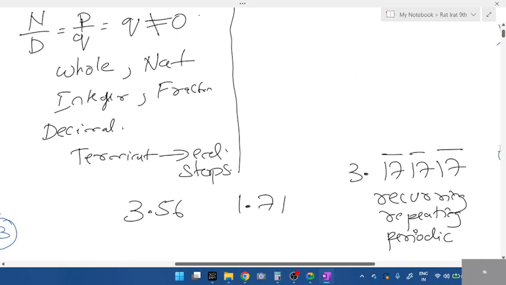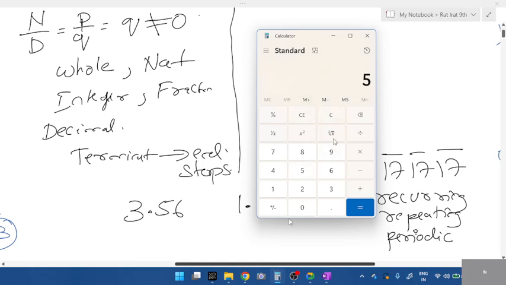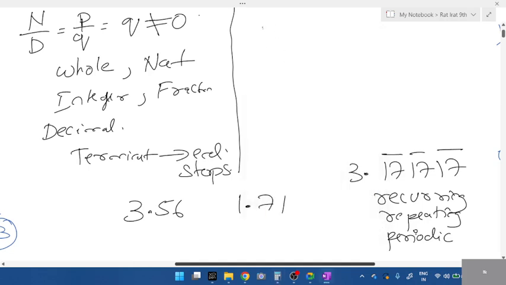Let me take root 5, square root of 5. What kind of number? Terminating or non-terminating? It's definitely non-terminating, right? It goes on. Can you see the value is not stopping? Non-terminating, do you think it is repeating, recurring, or periodic? Is anything periodic here? Tell me. See, 2.2306.